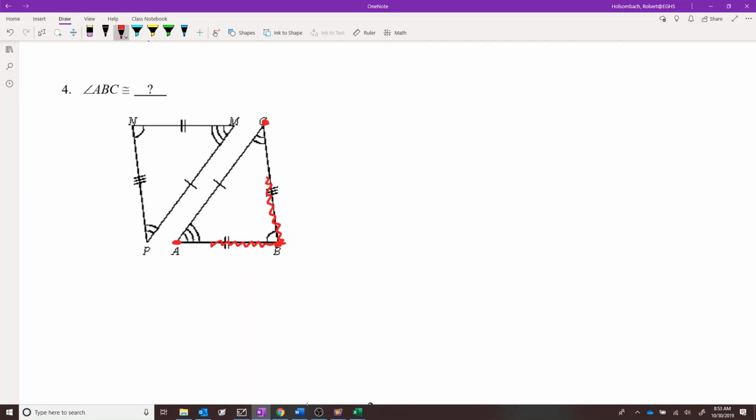So it's got to be congruent to this angle right here. And they went ABC, so they went from 3 to 1 to 2 arc marks. So we're going to call it angle M and P. 3 arc marks to 1 arc mark to 2 arc marks.